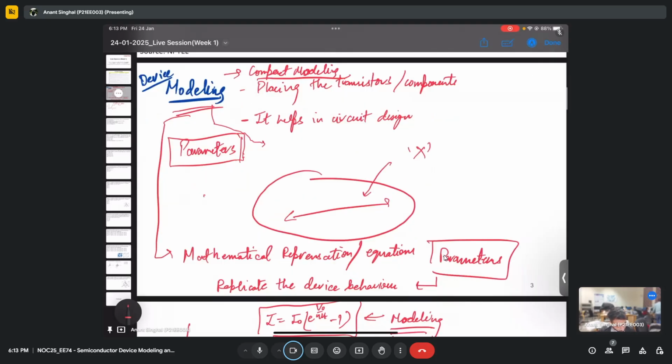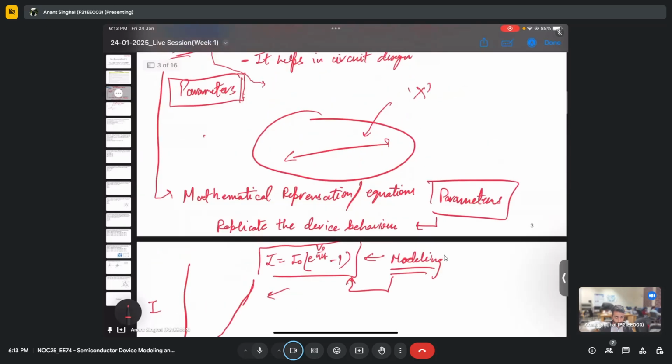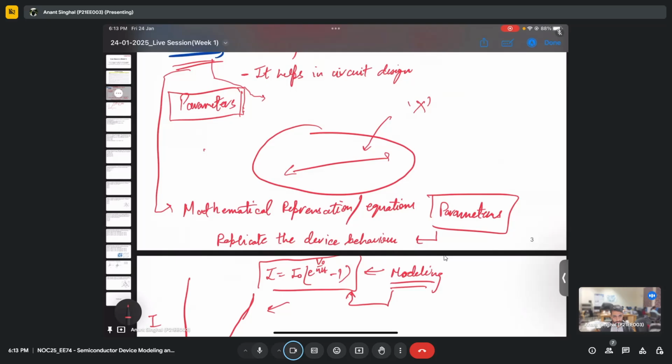So that is what modeling is, and why it is important is because, let's say this is a device X that we have fabricated. Let's say we fabricated 100 devices on this particular wafer, but only 20 devices passed the test or work. So we lost a lot of resources, as 80% of the devices were not working.